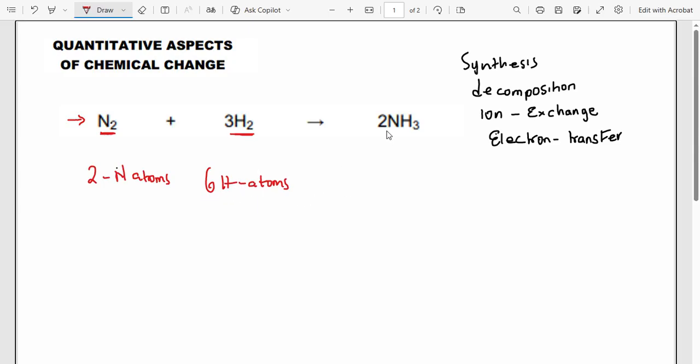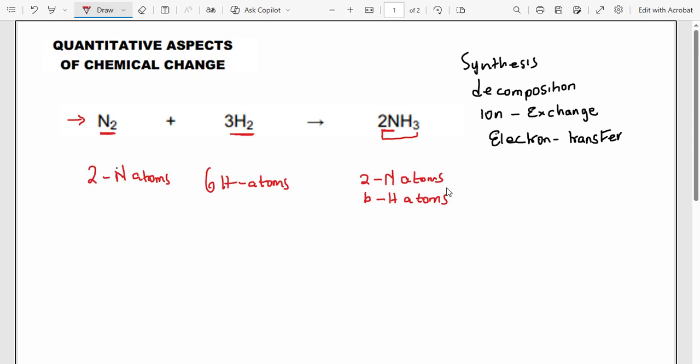The 2 applies for N and also for H. So in the product, we have 2 N atoms, and the 2 also applies for H, so we multiply that, which gives you the 6 H atoms.